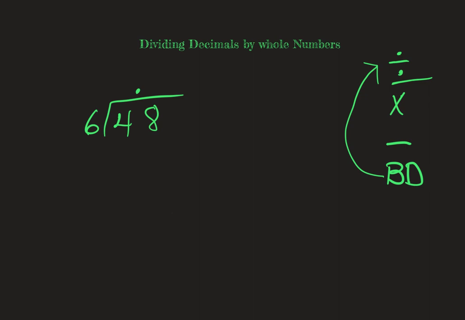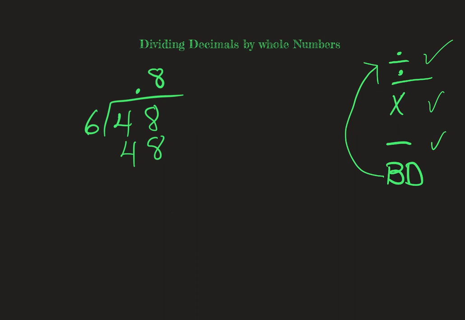We cannot divide 4 into 6 groups because if you recall, division is dividing stuff into groups. So now let's look at the 48. We can divide 48 into 6 groups, and there will be 8 in each group. So now that we've done the division step, second step is to multiply. 8 times the 6 gives me 48.